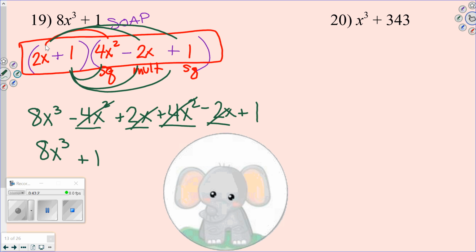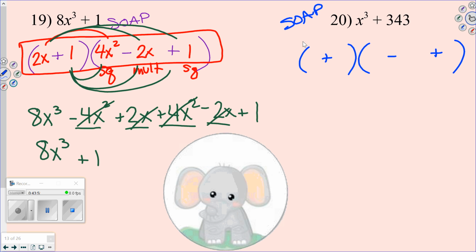Bless you. Why don't you guys try number 20 on your own? All right, guys. Was there a GCF? No GCF in this one. I've thrown too many acronyms at you today, right? All right, how do I know my signs? Same, opposite, always positive.